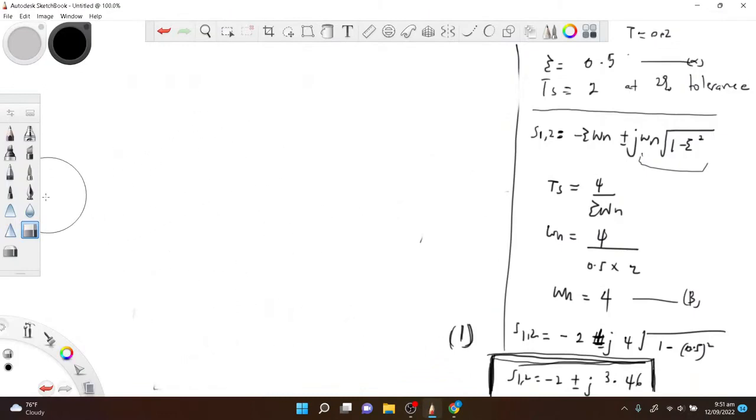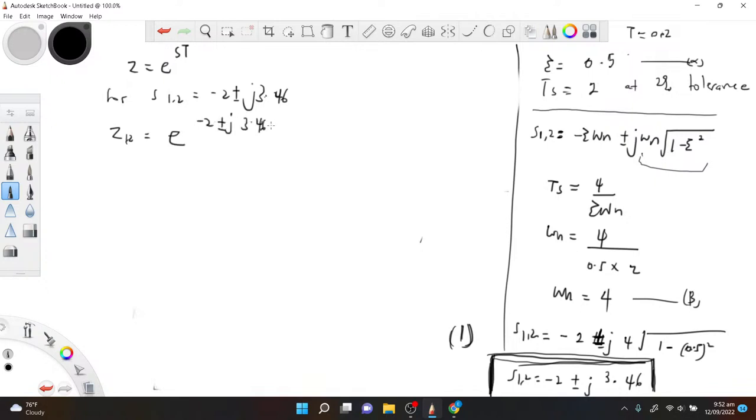So let's see. We know that z is equal to e to the sT. For s1,2 equal to minus 2 plus or minus j 3.46, I'll have z1,2 equal to e to the power of s times T, with T equal to 0.2.